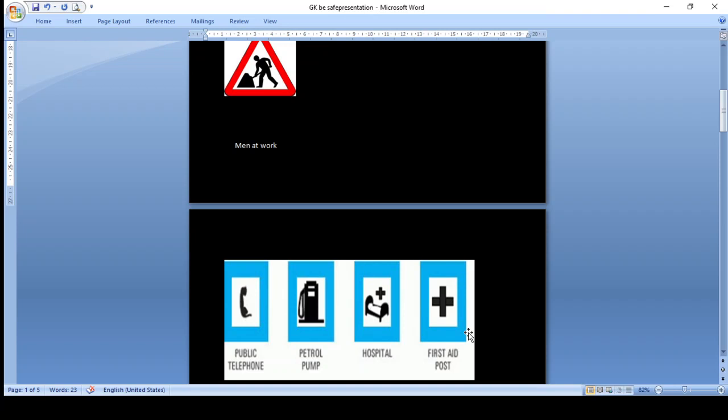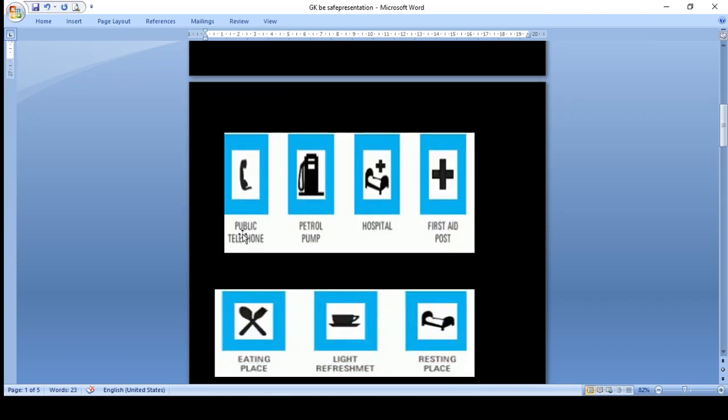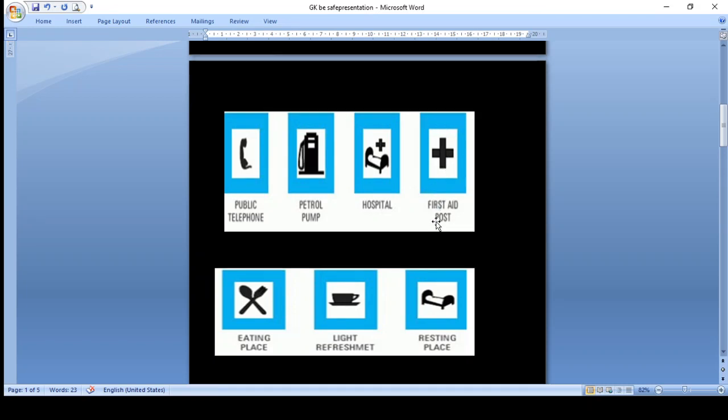Other than this, there are some symbols and signs you can see on the road, like public phone. This type of symbol means petrol pump is there. Then you can see a bed and a cross, it's a hospital, first aid, right?